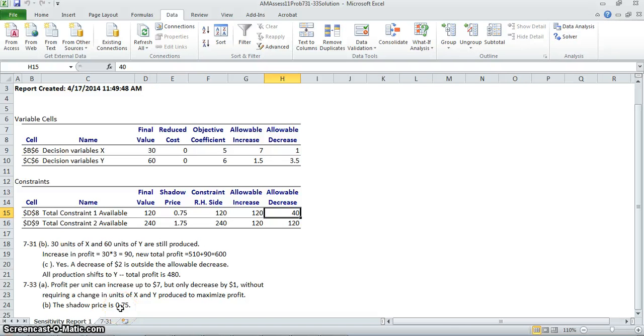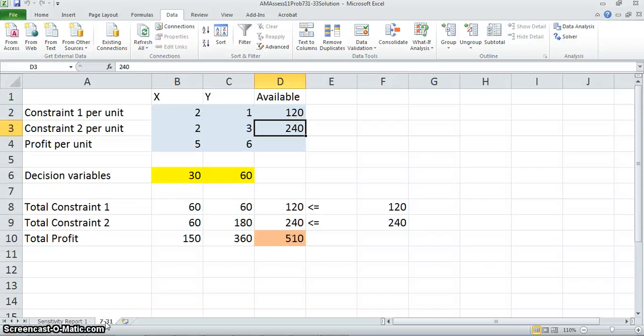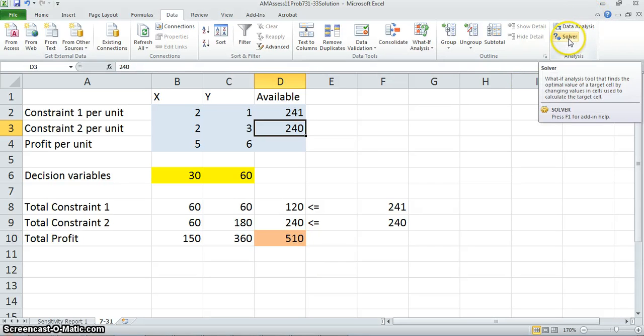Remember the allowable increase and decrease? What if we add, say, 121 to the right-hand side? That would be a total of 241. Well, what will be the change in profit?